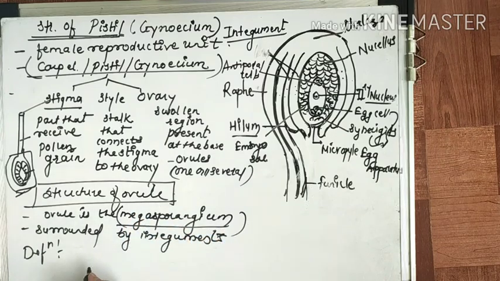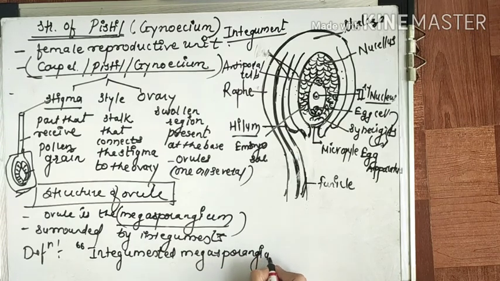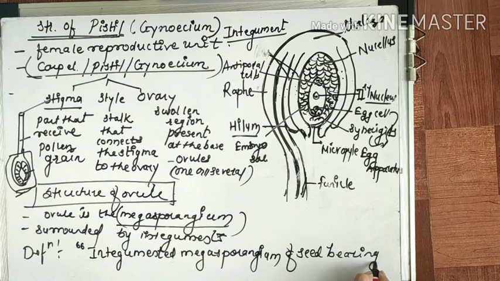The ovule is nothing but an integumented megasporangium of a seed bearing plant. That is actually the definition of the ovule.